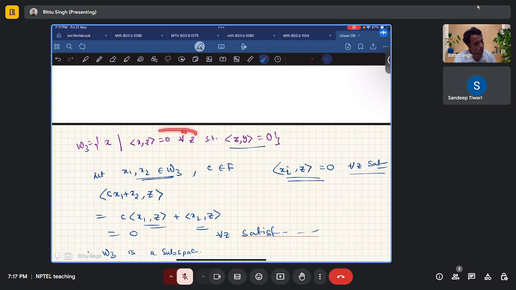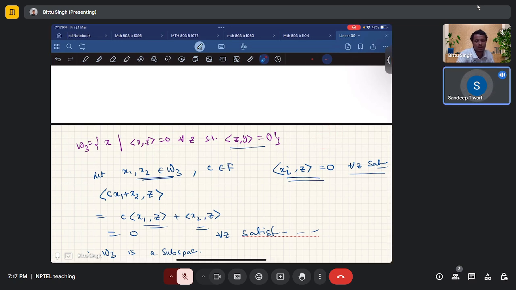So here we are using that kind of thing. We'll see what the orthogonal complement is, but essentially, in general, the orthogonal complement of any subspace is a subspace.